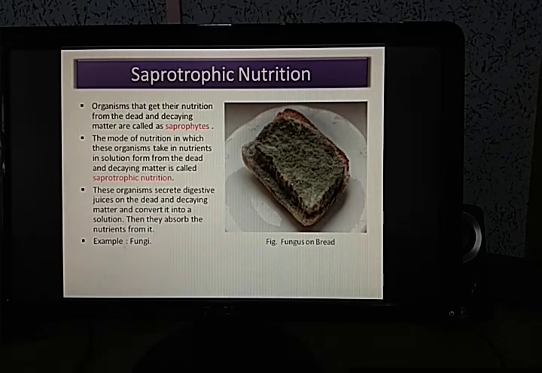So fungus is a saprotrophic organism, and it follows this saprotrophic mode of nutrition. Fungus can be on anything, mostly in damp, hot and humid places, where fungus growth is more.